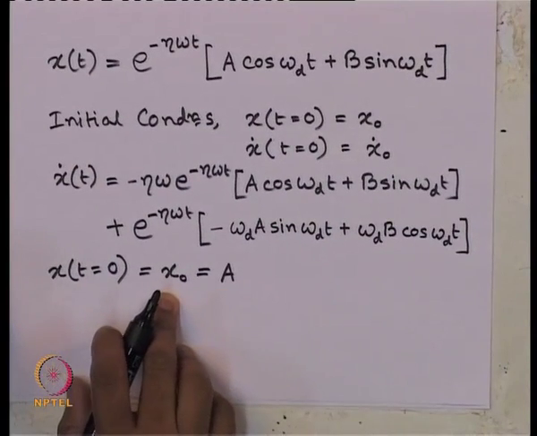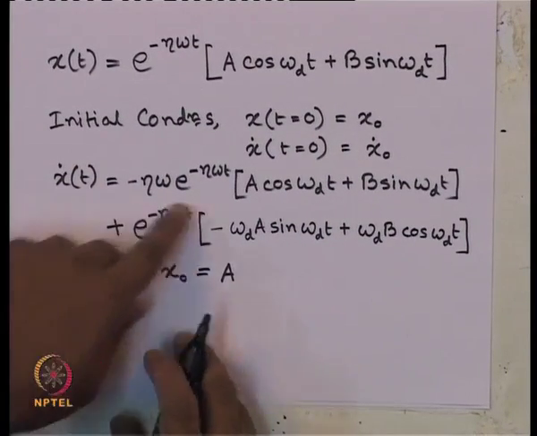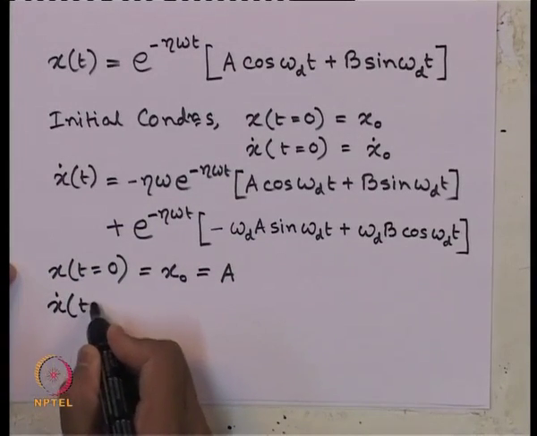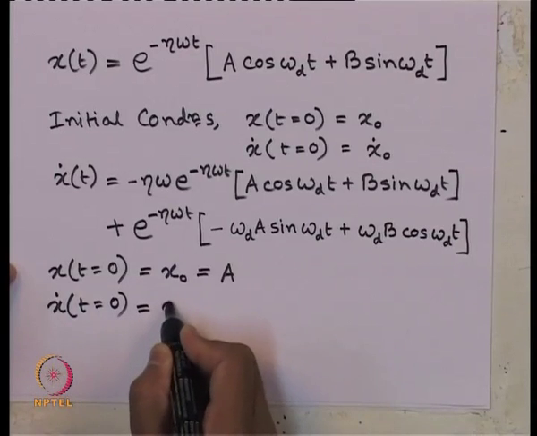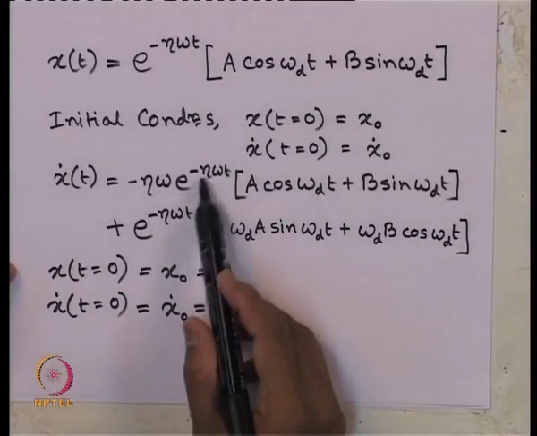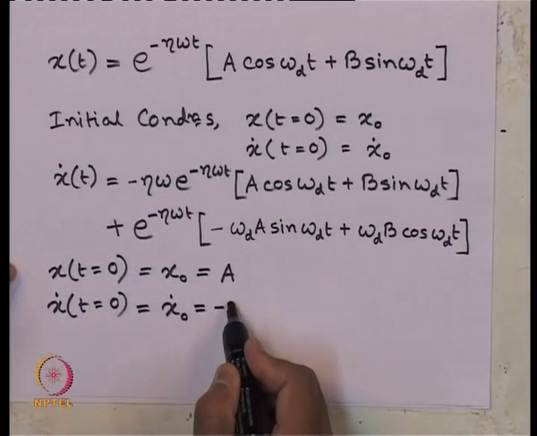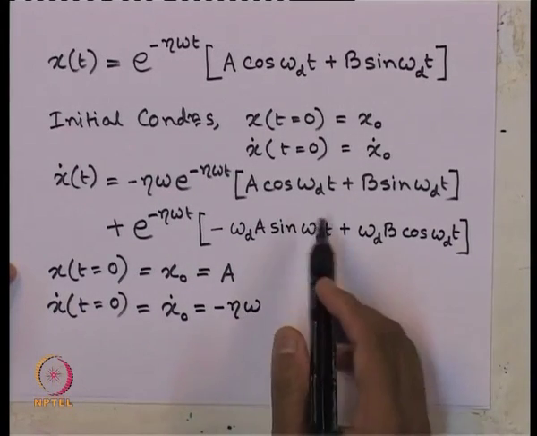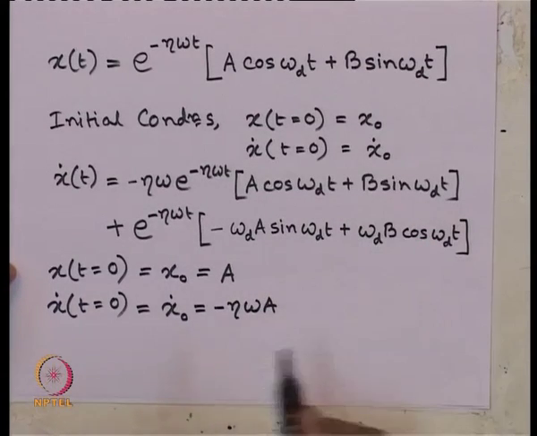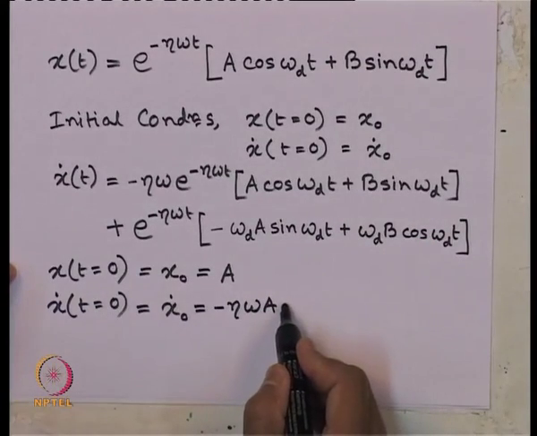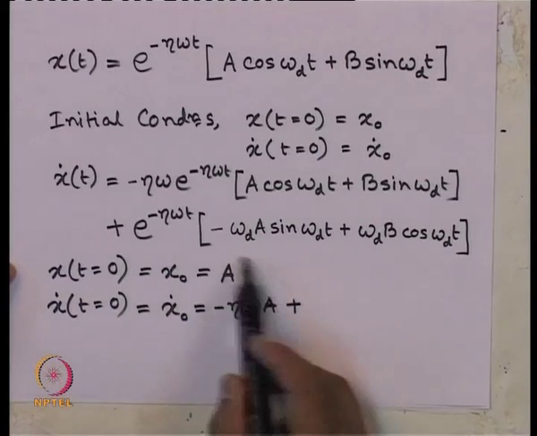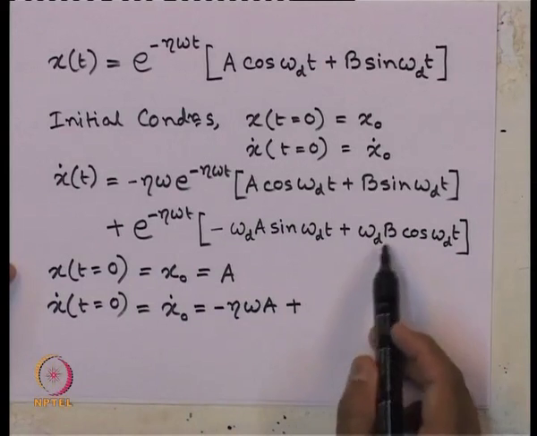So, a equals x naught, and in the velocity expression, if we put x dot at t equals 0 as x naught dot, what we will get? This becomes 1. So, minus eta omega, this a remains here, this vanishes, plus this becomes 1, this vanishes, this remains.